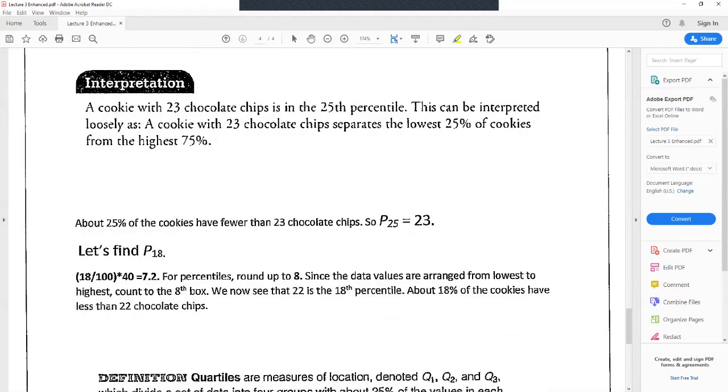A cookie with 23 chocolate chips is in the 25th percentile. This can be interpreted loosely as a cookie with 23 chocolate chips separates the lowest 25% of cookies from the highest 75%.